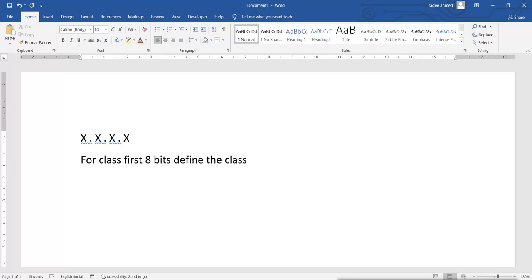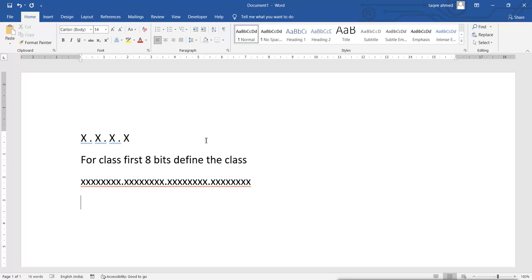Now when I say first 8 bits, that means you have all 32 bits like 1 2 3 4 5 6 7 8 dot 1 2 3 4 5 6 7 8 dot 1 2 3 4 5 6 7 8 dot 1 2 3 4 5 6 7 8. So you have all these 32 bits of the IP address. These bits can be 0 and can be 1. For classes, we talk about only this first 8 bits.